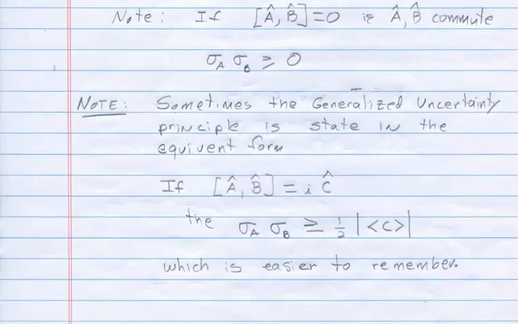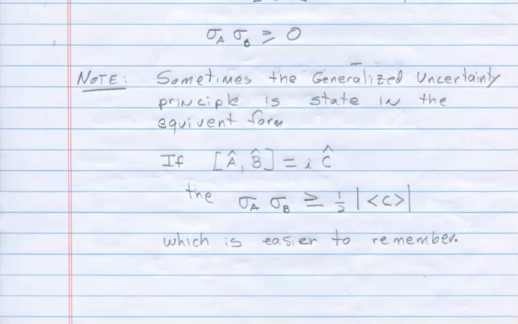I find the form the way Griffiths has it in his book a little bit difficult to remember, and the way I find this really just says the same thing. It's just, to me, a little bit easier to remember in this form.